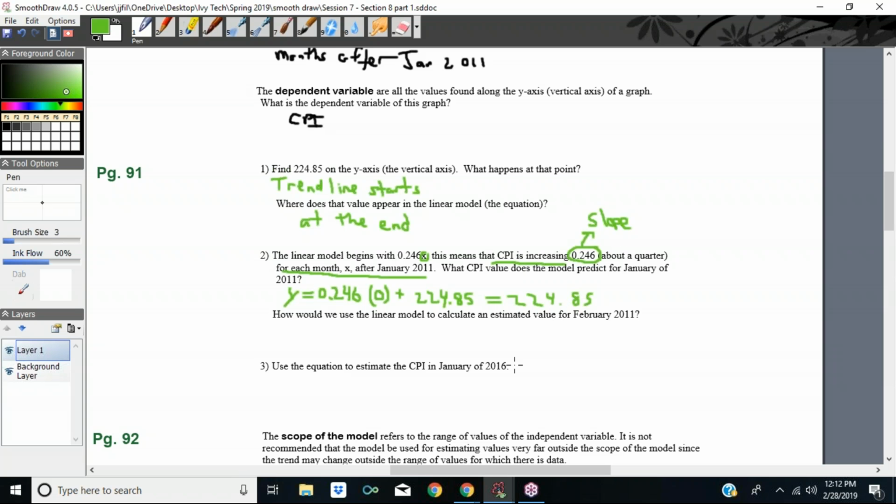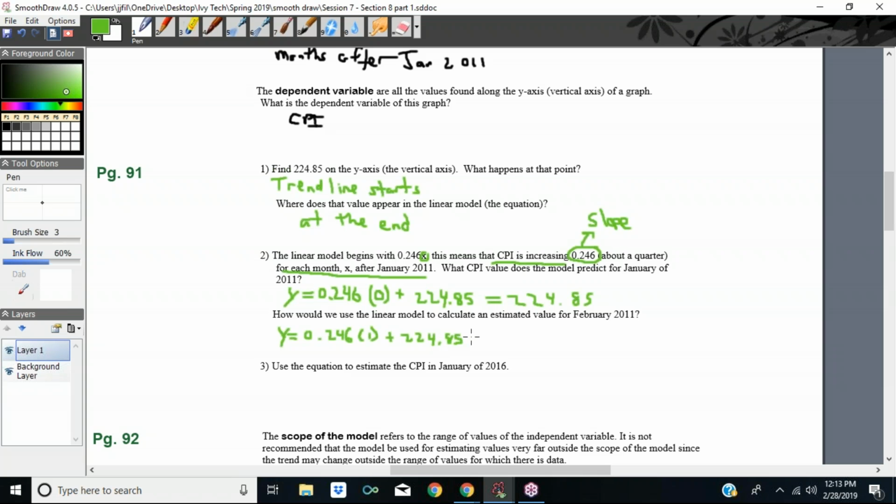The next question says, how would we use the linear model to calculate an estimated value for February of 2011? What do you guys think? Thanks, Brian. Yeah, we would put a 1 in for the x. So we would write this equation out. y equals 0.246 times 1 plus 224.85.